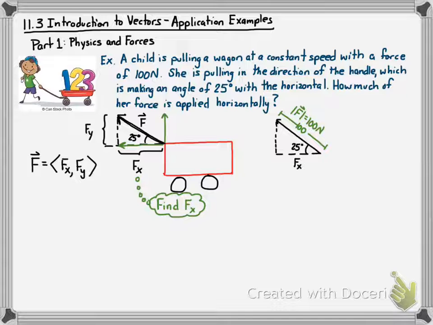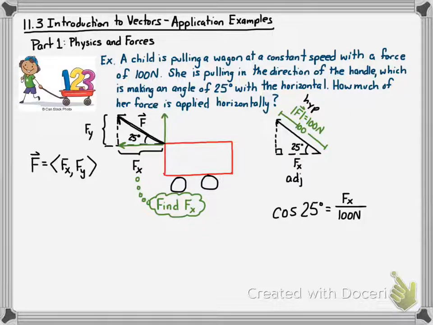Again, we want to figure out the component of our force vector that's in the x direction. As far as this right triangle goes, Fx is the adjacent side, and the magnitude of our force vector is the hypotenuse. So I can think about this in terms of cosine. We have cosine of 25 degrees is equal to our adjacent side, which is Fx, over our hypotenuse, which is 100 newtons.